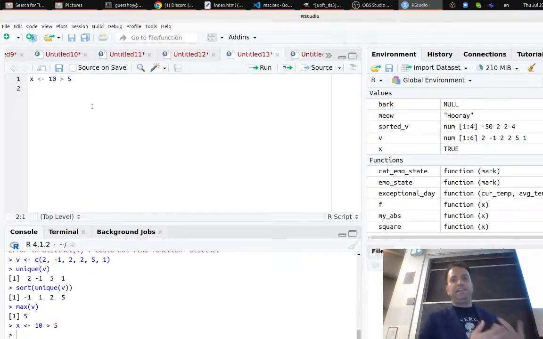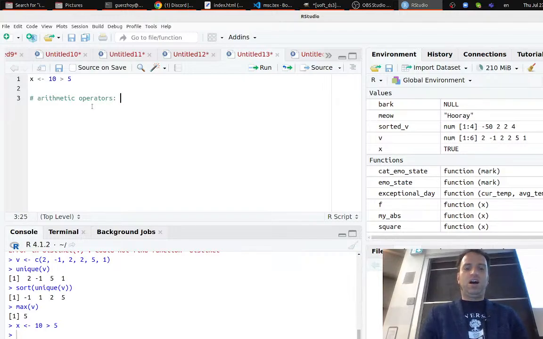In the same way that you can operate on numbers to say like 2 plus 5, you can operate on trues and falses. Arithmetic operators are like plus and minus and times and divide, and that's it.